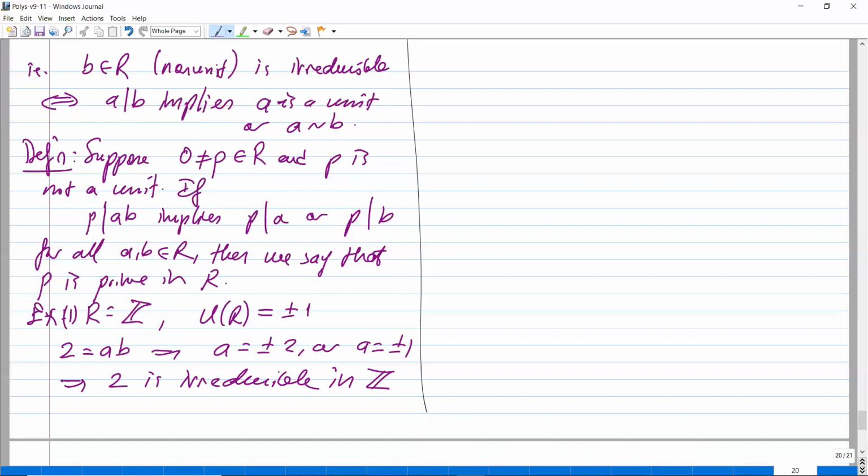So we cannot write 2 as a product of two non-unit elements. In this example, 6 is 2 times 3, and 2 and 3 are not units in the integers. So therefore, 6 is not irreducible. So prime numbers in the integers are irreducible, non-prime numbers are reducible.